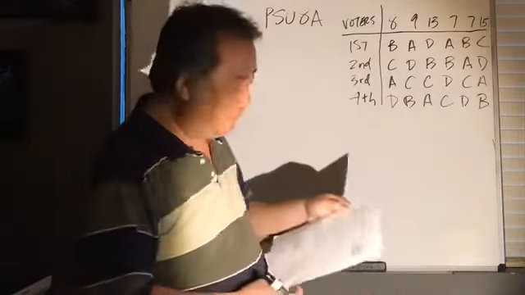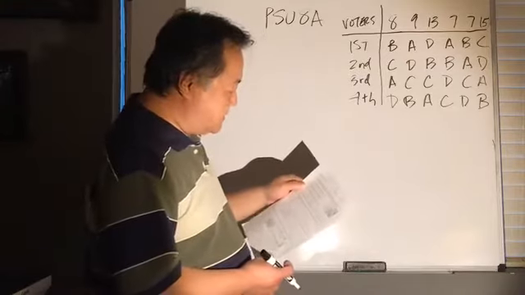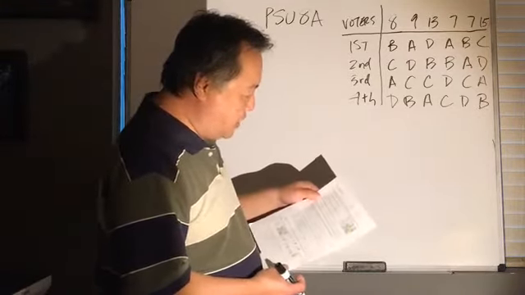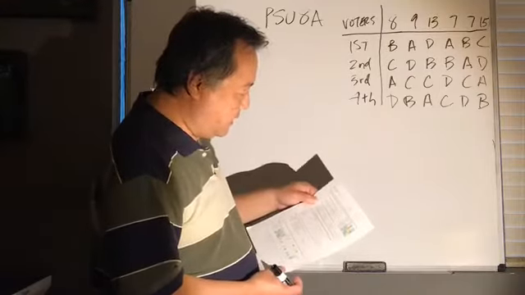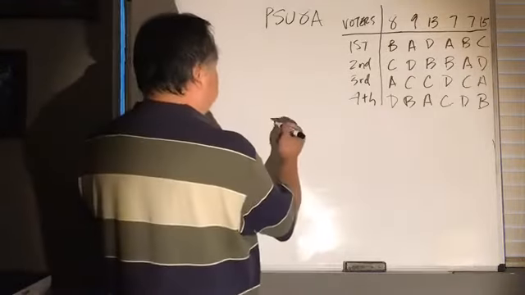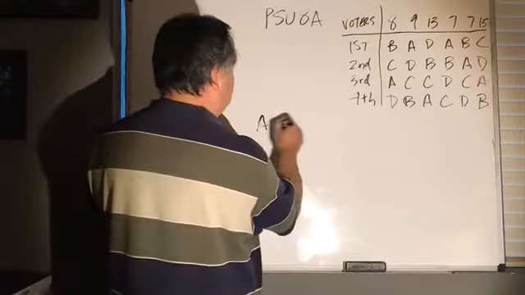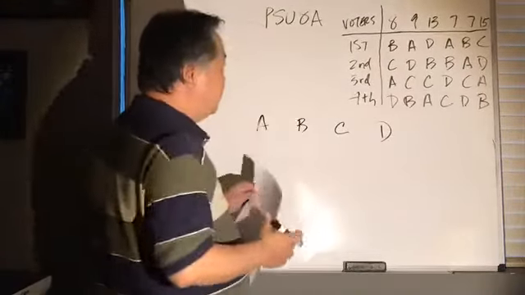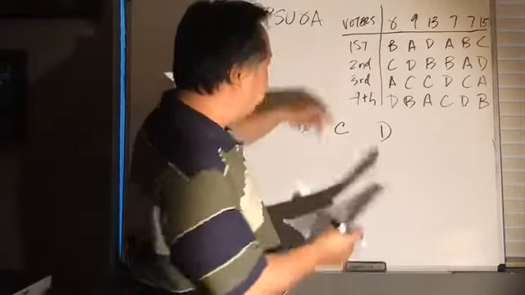All right. Number 3, find the percent of first choice votes for each option. Okay, so for first choice votes, we're only looking at the first line here.